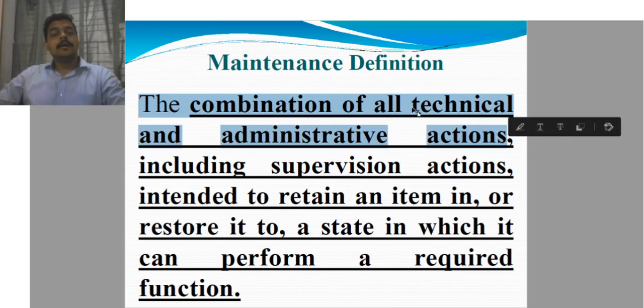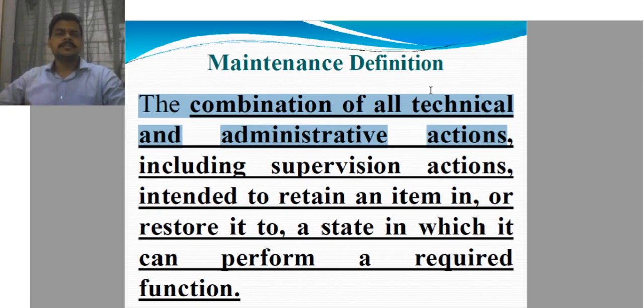The person who is doing the maintenance is responsible for the technical actions. Let's say it is related to electrical maintenance. If there is a work, then he is responsible for checking the electrical parameters, let's say voltage, current, supply frequency, and if there is a possibility, to check the phase angle. So all the technical aspects he has to check.